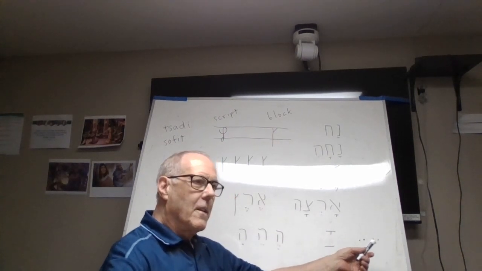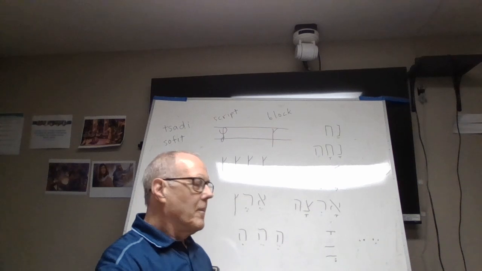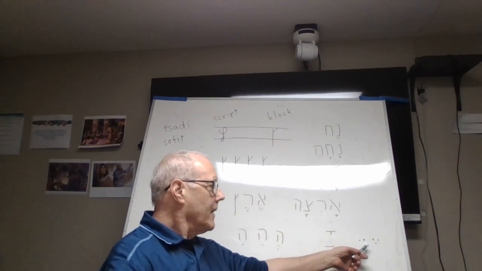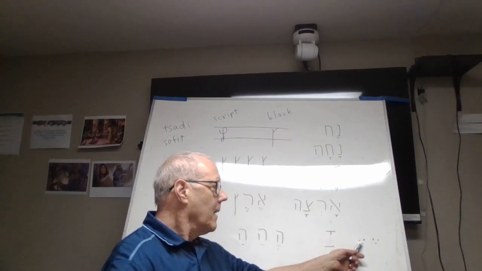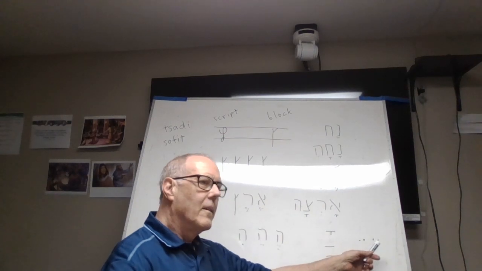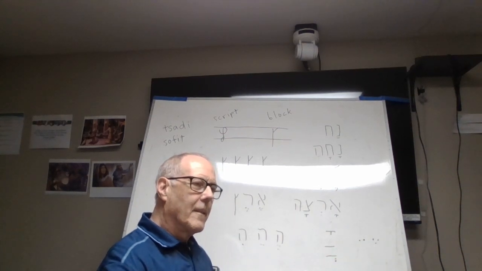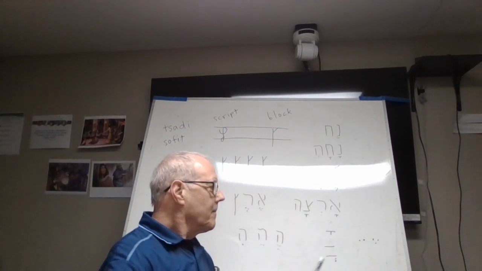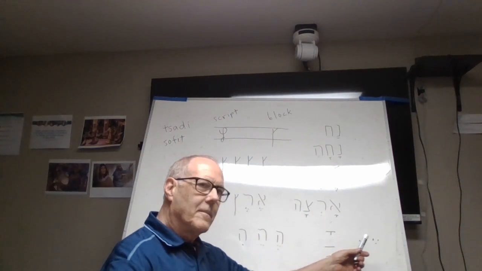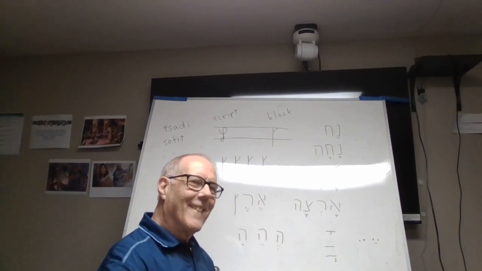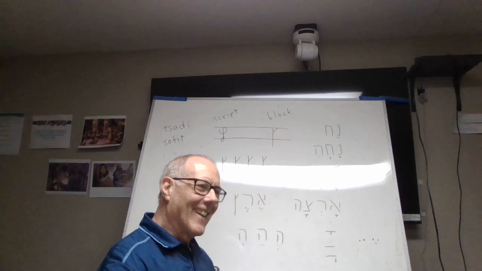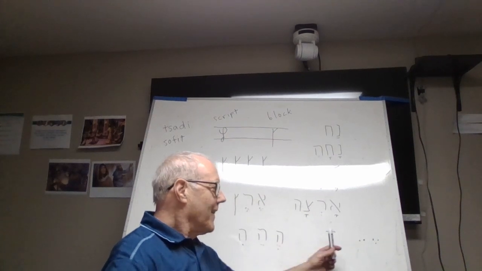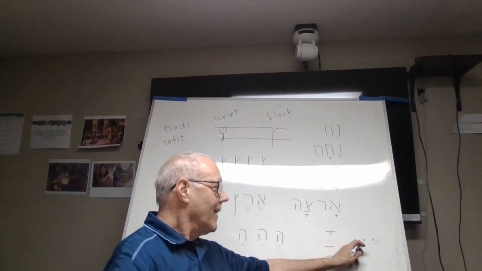How are they different? This one's eh, and this one's eh. The three dots is more like egg. Yeah, this one's a Canadian vowel.